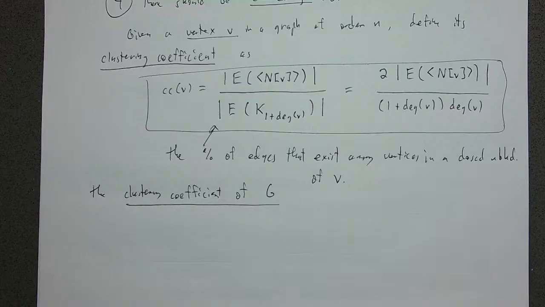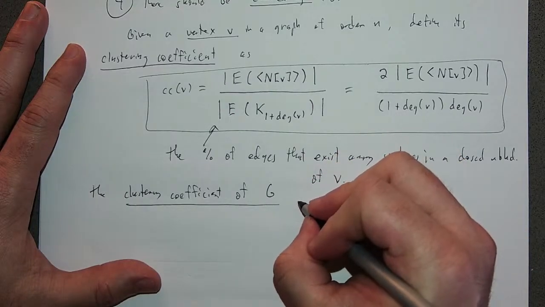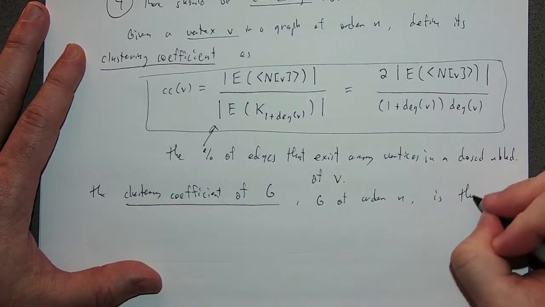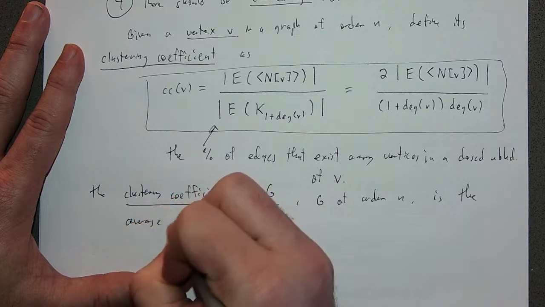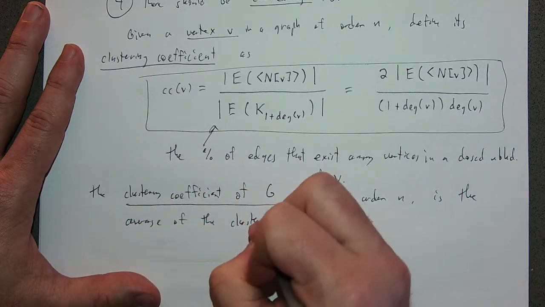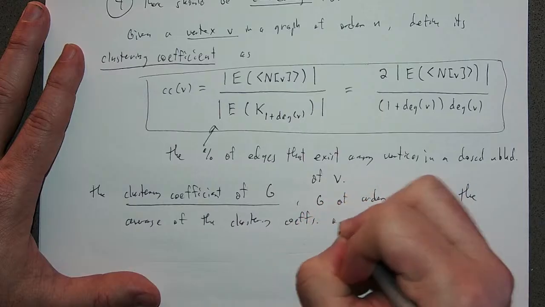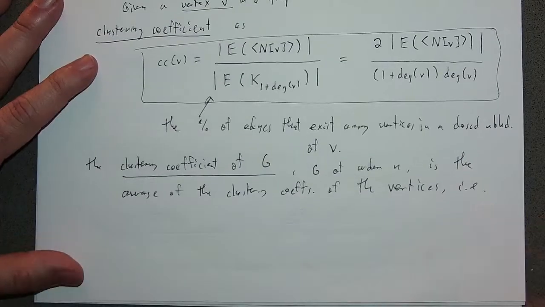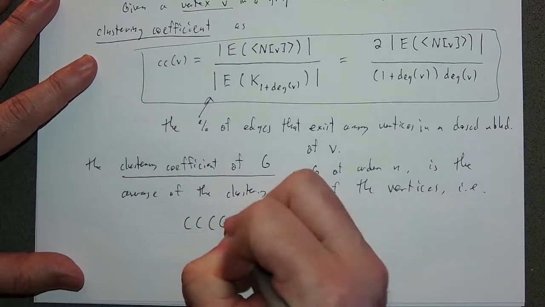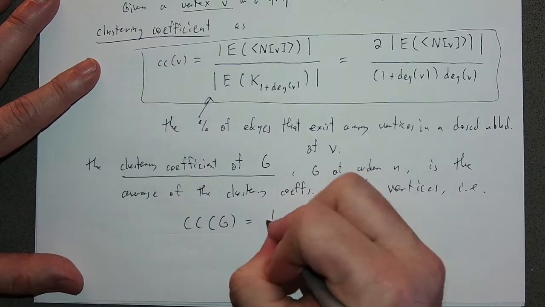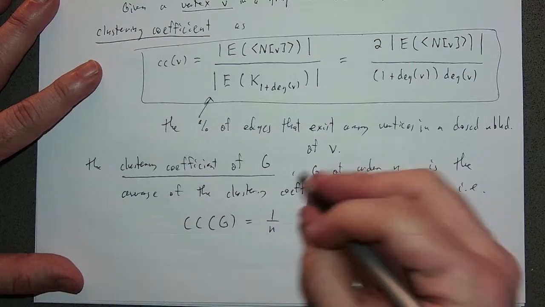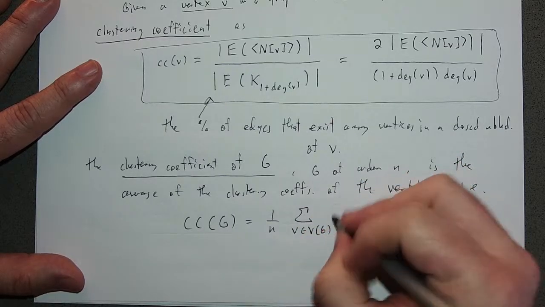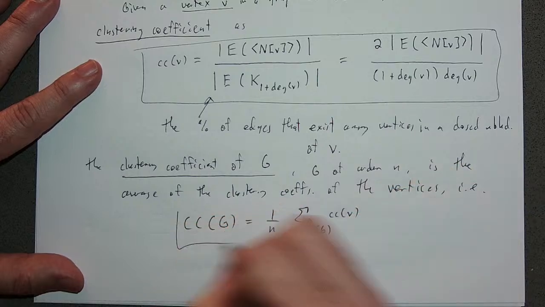G is of order n. Is the average of the clustering coefficients of the vertices, i.e., we'll write the clustering coefficient of G itself is, there's n vertices, so this is all over n, so this is 1 over n times the sum of all vertices in the vertex set of G, and I am summing their clustering coefficients.